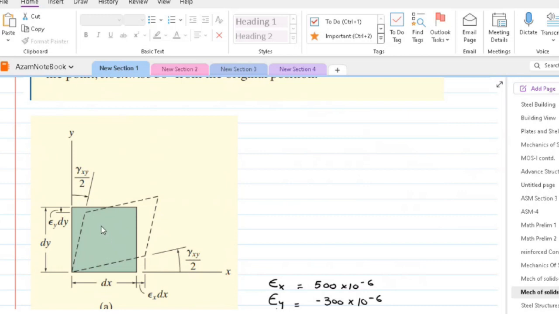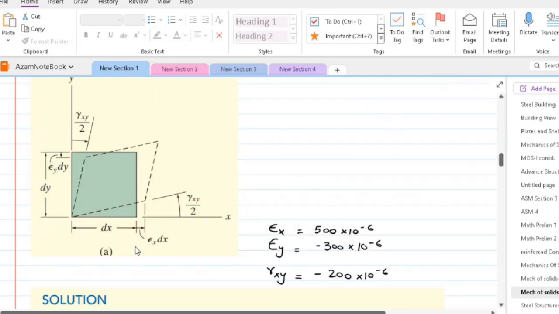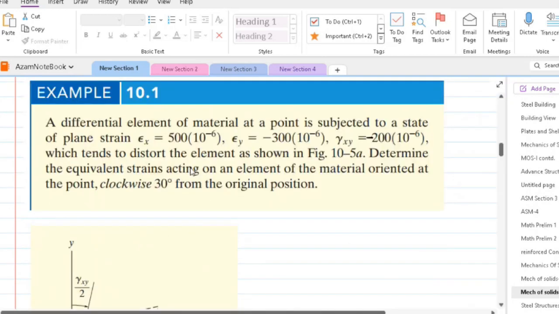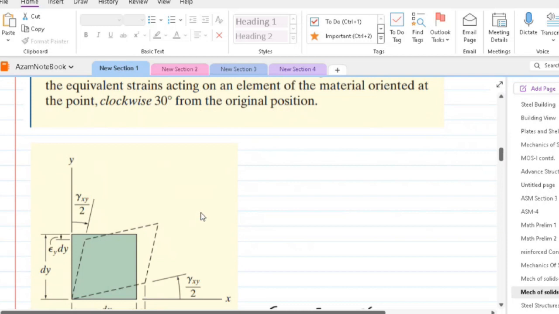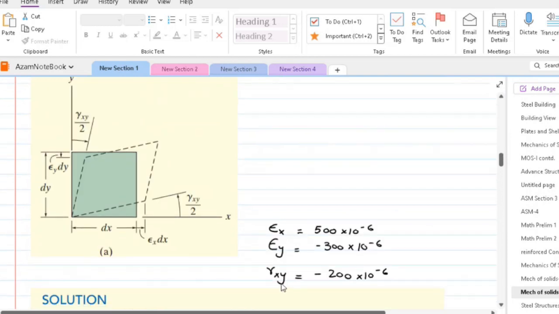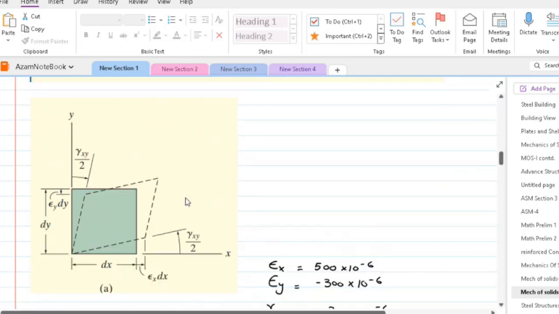So this type of shear distortion will be as a result of shear stress in counterclockwise direction. As per our convention, axial strains in tension are positive and shear strains produced by clockwise shear stresses are taken positive. In addition, the orientation in counterclockwise is taken positive.